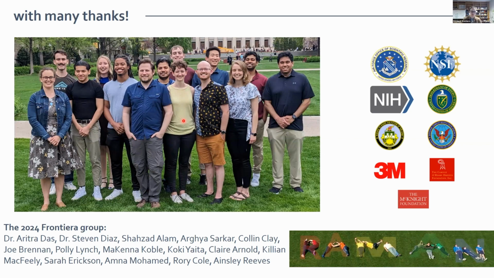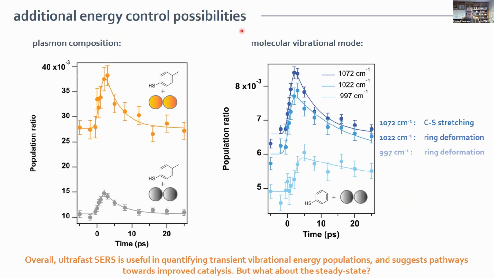Sure. Let me maybe point to this slide. Sorry, I ran long in the beginning, so I didn't talk about this, but this is an example of different vibrational modes. And you can look at this population ratio, or this is just the anti-Stokes to Stokes scattering intensity, right? And so this is well out of equilibrium, right? Yeah. These don't follow any sort of energy trend.